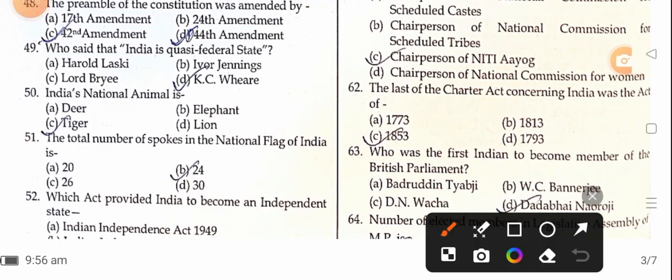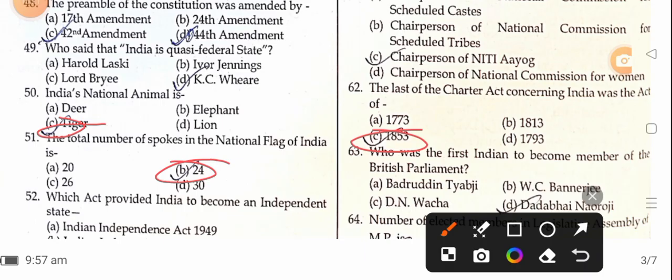India's national animal is the tiger. The last of the Charter Acts concerning India was the Act of 1853. The total number of spokes in the national flag is 24. There are 24 spokes in the national flag of India.